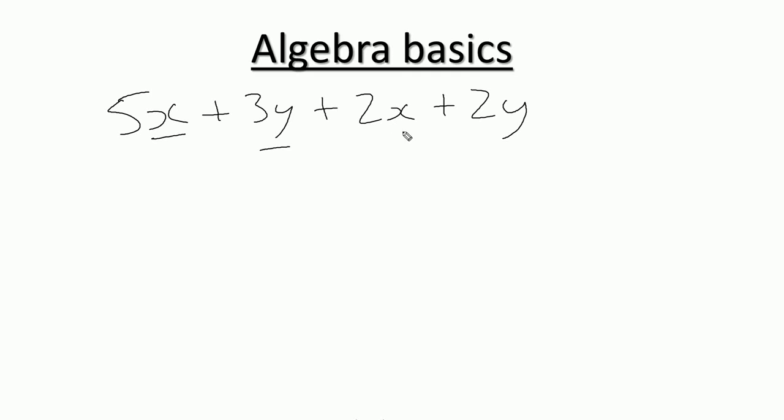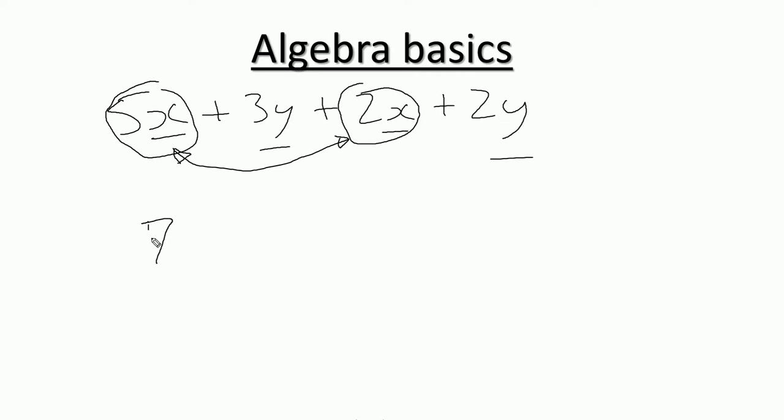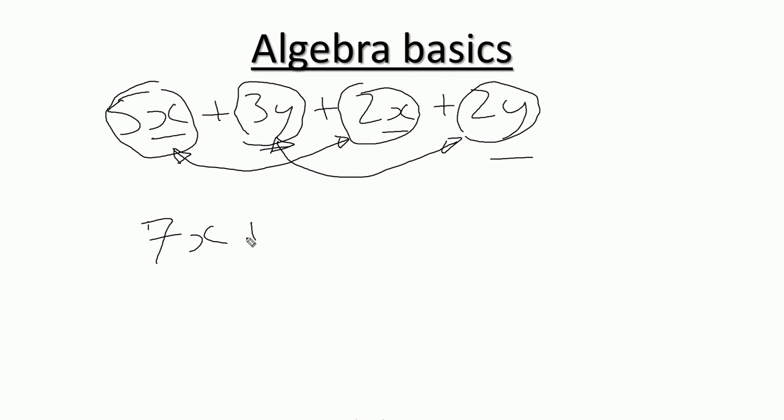So here you can see that x is the same as x and y is the same as y. So to collect these like terms, I just have to add 5x and 2x together, because you can see that they're the same because they both have x terms in them. And 5 plus 2 is of course 7x. And then you can see that here you have 3y and 2y. And again, the y's are the same. So you can just collect these together to give you plus 5y, just simply doing 3 plus 2.